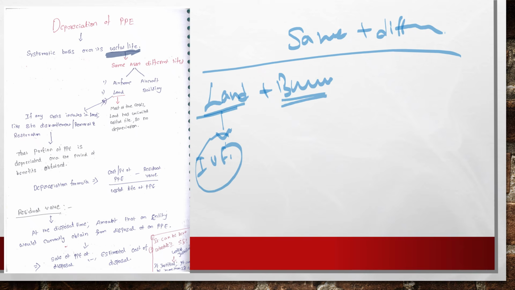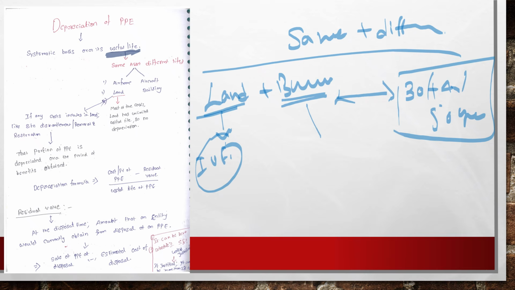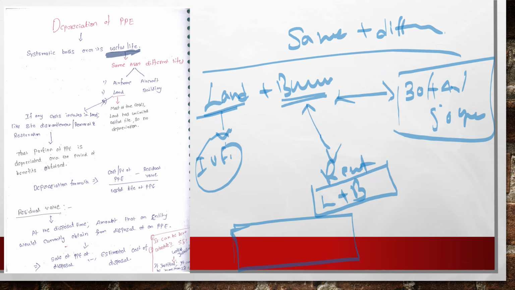But building, you can have a life of 30 or 40 or 50 years based on the quality and the review report. But say you took that building on rent. Suppose this is an entire flat, in which only 25 percent is constructed building and 75% is empty.